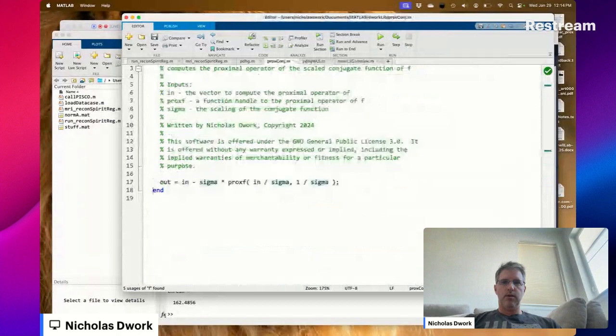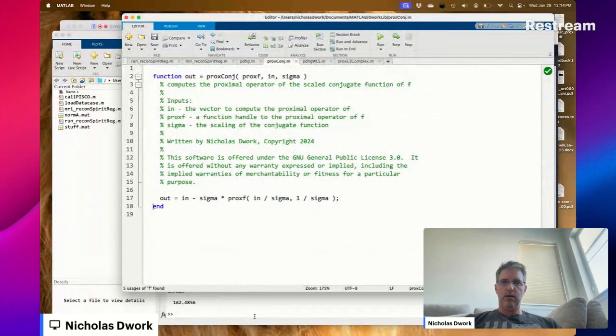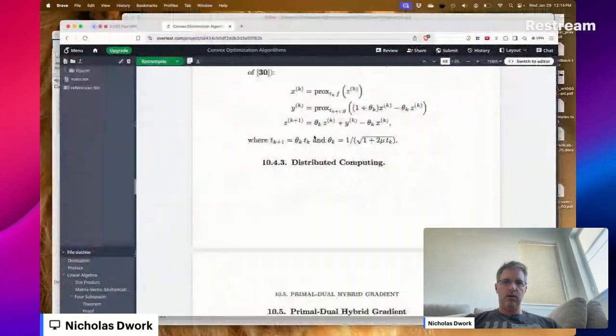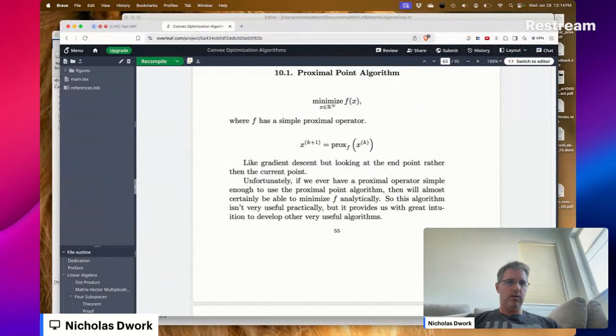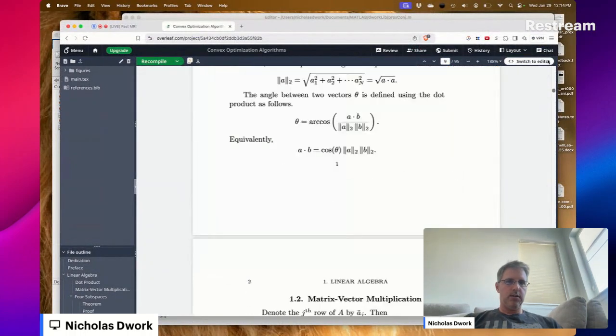Is this correct? Some proximal operator theorems, some conjugate function theorems.